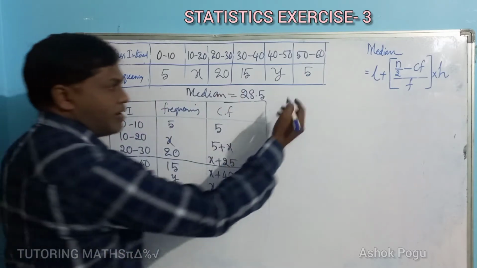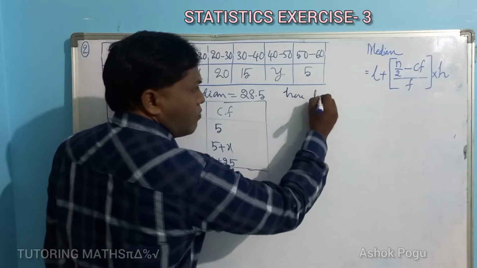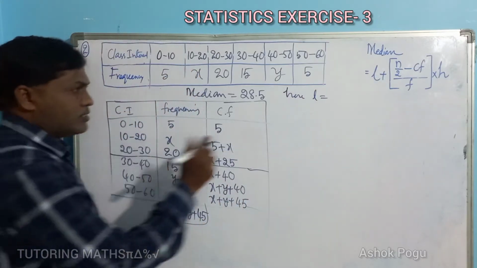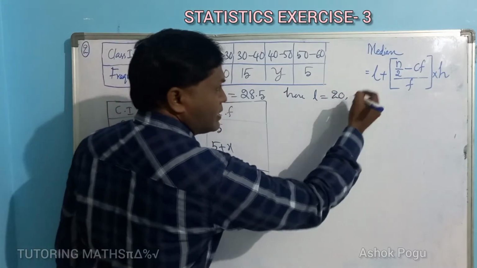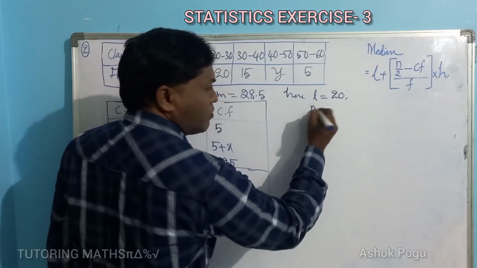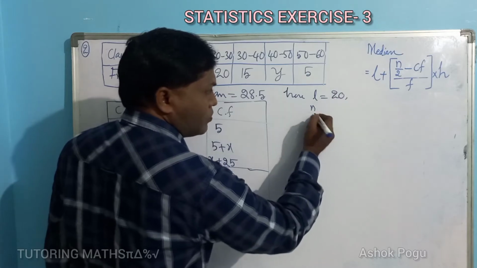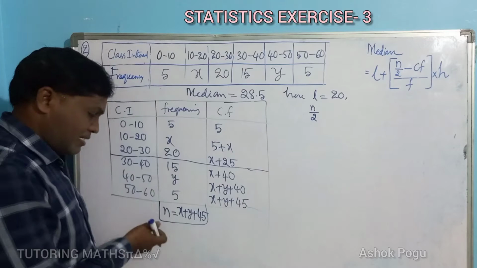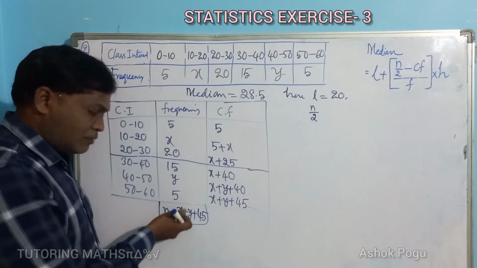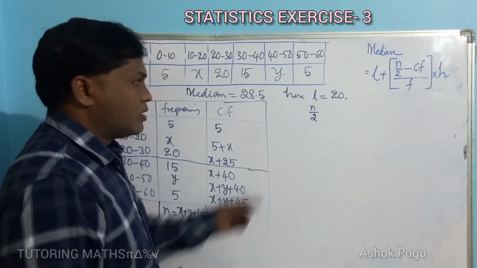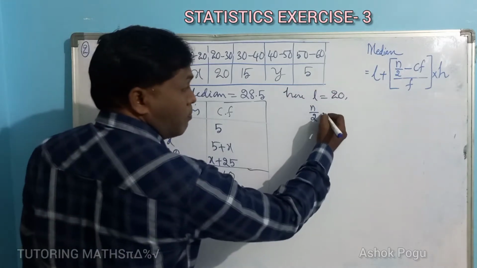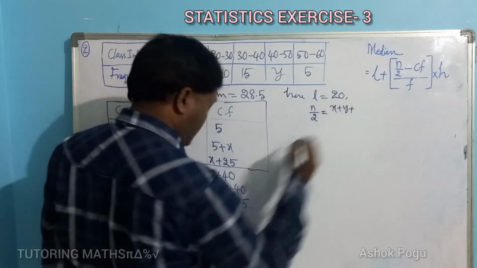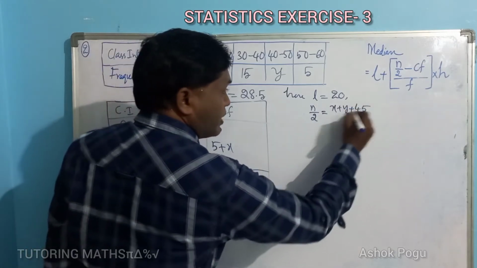Now let us write here. What is the first value? L, the lower boundary of the median class, that is 20. Then n by 2. We don't know what n by 2 is, but you can find n. N is x plus y plus 45, so n by 2 is x plus y plus 45 by 2.